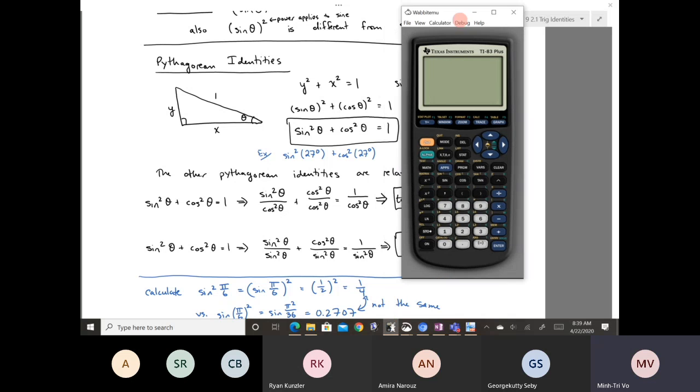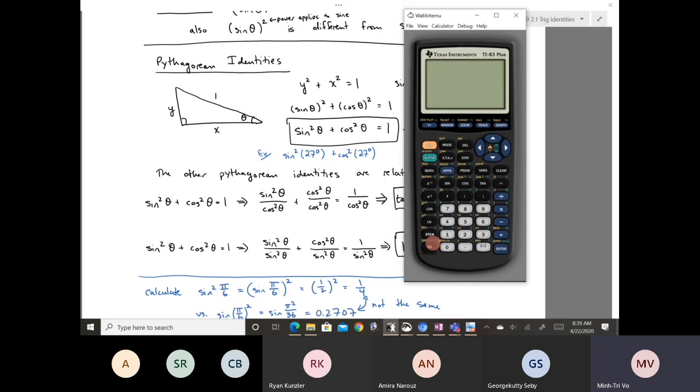So we can check that, right? Here I've written it in degrees. Before I was working in radians, so let's make sure I'm working in degrees now. You see how sine of 27 degrees is some long decimal number.